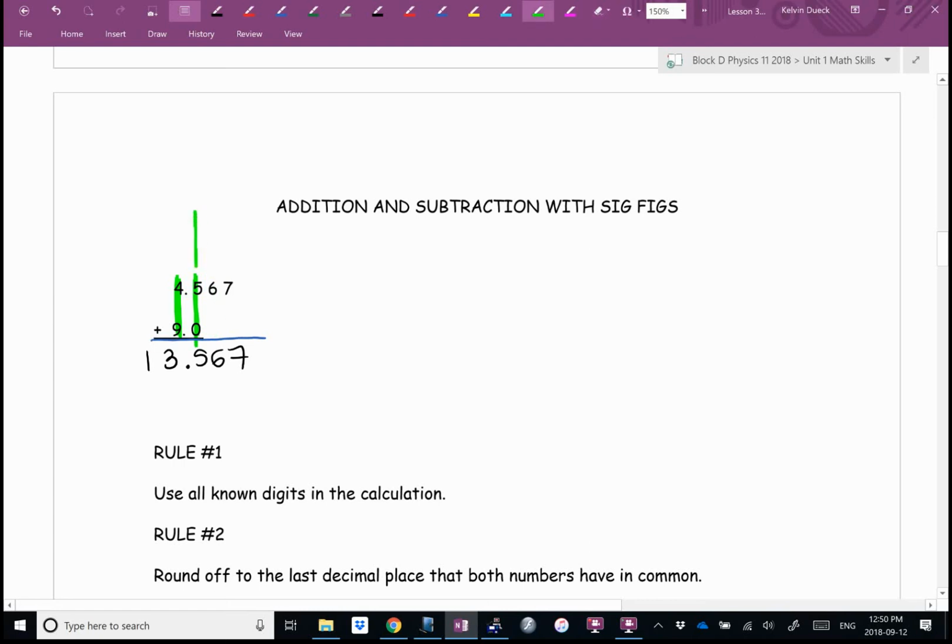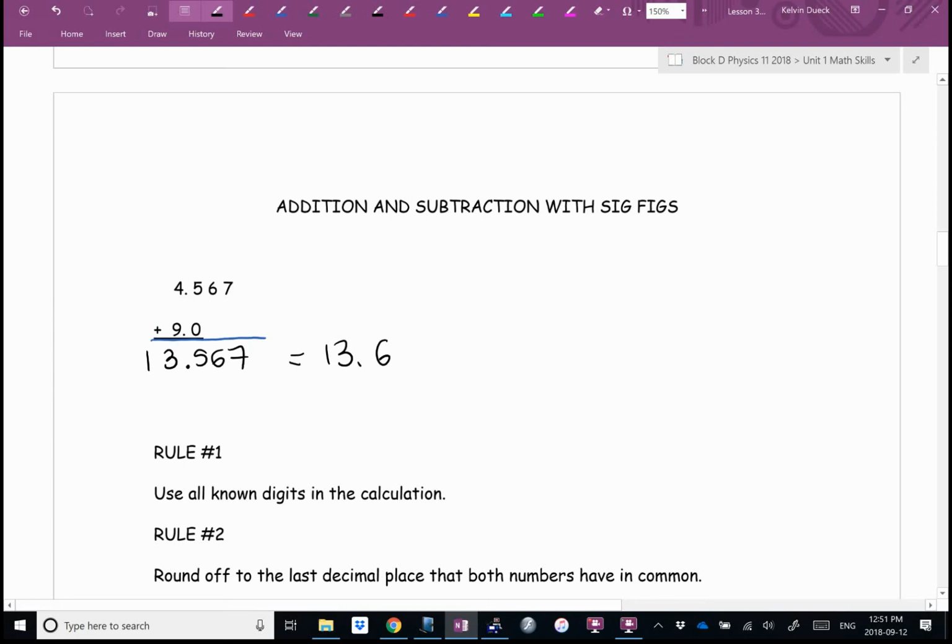And you notice I haven't said the phrase sig figs. I've said column, which is why we write them vertically. So I'm going to round to that 5. But is that 5 going to stay a 5 or become a 6? So final answer, 13.6. By the way, how many sig figs does 13.6 have?